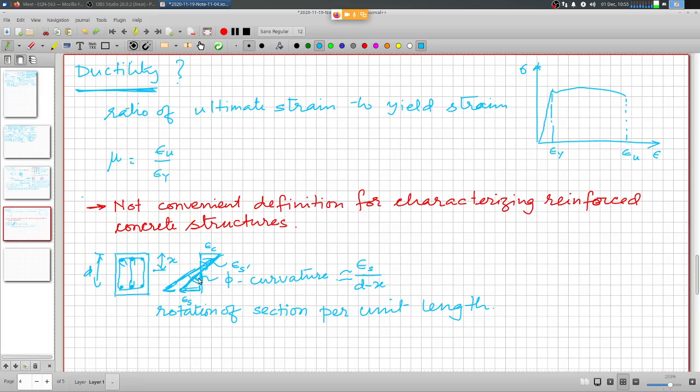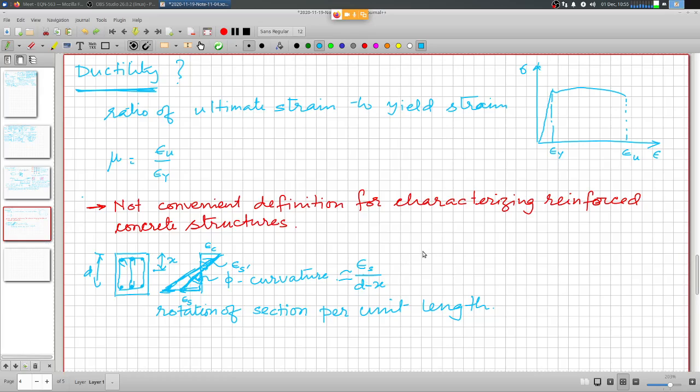It is the curvature at the maximum plastic strain in the steel, divided by the curvature on the verge of the elastic limit of the section. The elastic limit we can work out either from concrete or from steel, depending.